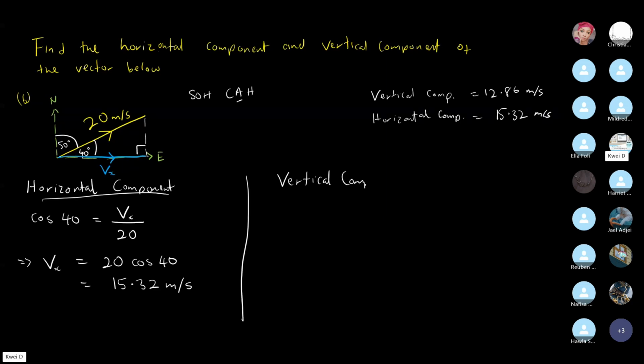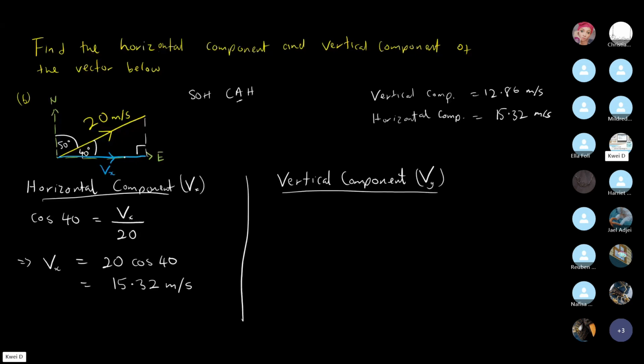The vertical component will be along the vertical line this way, which is the same as this one. 40 is the angle, and 20 is the hypotenuse.